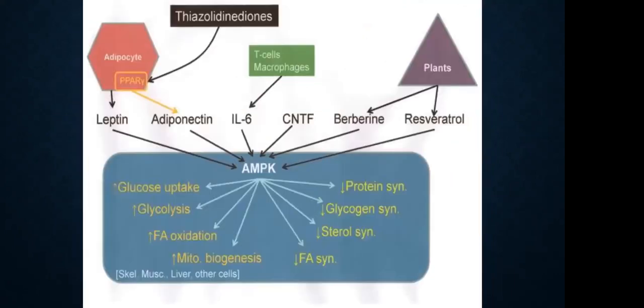So here we can again see the different factors that can play a role in impacting AMPK, like leptin, adiponectin, interleukin-6, CNTF, berberine, resveratrol, and also the impact that AMPK has on the body: increased glucose uptake, increased glycolysis, increased fatty acid oxidation and mitochondrial biogenesis, and decreased anabolic processes like protein synthesis, glycogen synthesis, sterol synthesis, and fatty acid synthesis.